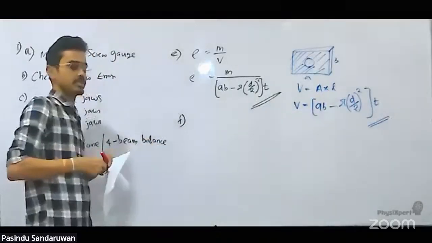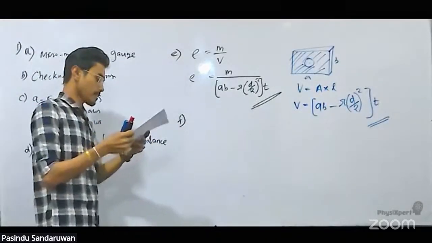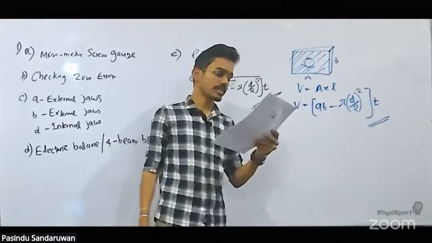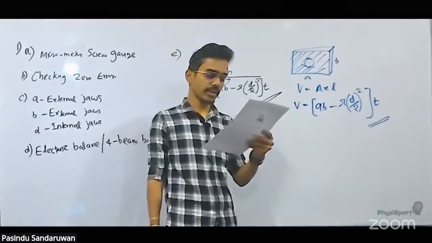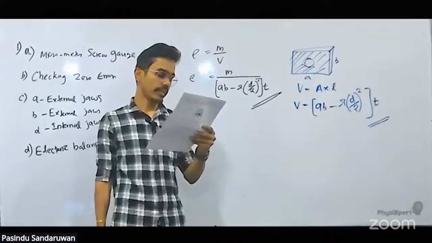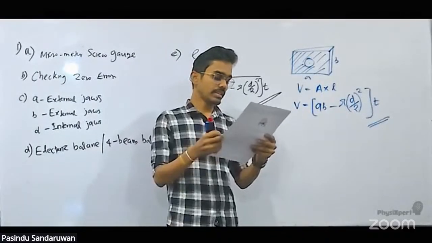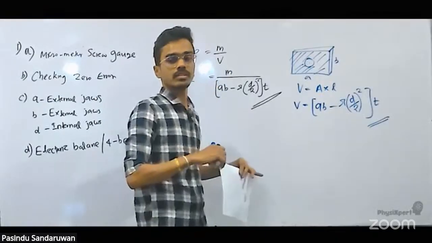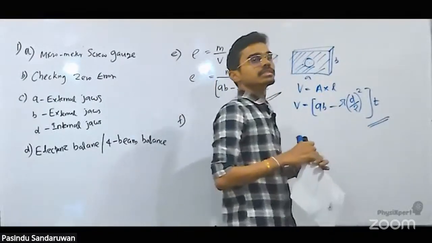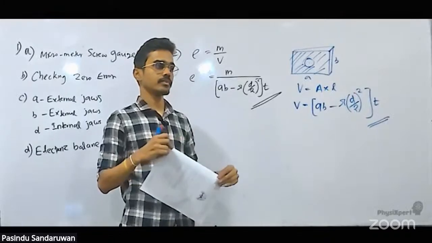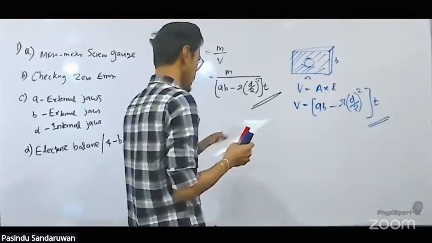F. Measurements obtained at several places for the thickness of the metal sheet are given below: 3.50 millimeters, 3.51, 3.52, 3.51, 3.53. What is the least count of the measuring instrument? 0.01, right? So what's the hint we have?